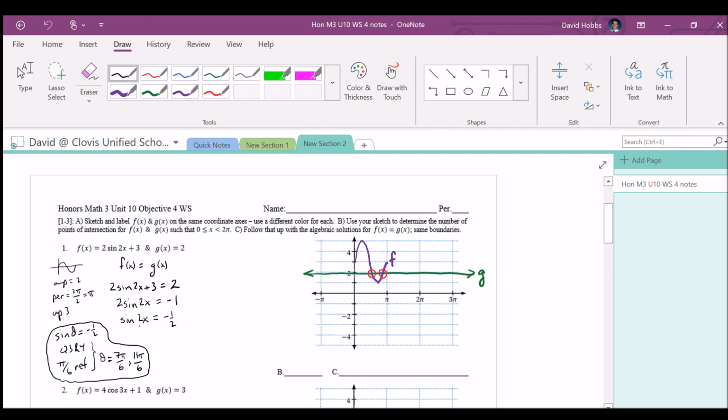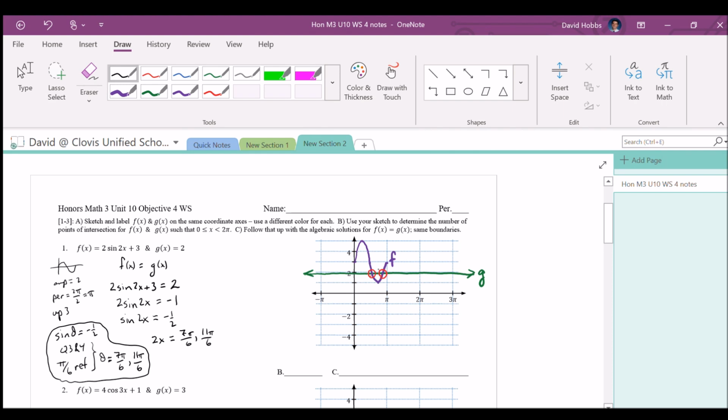Now in this case our theta is 2x. So 2x is equal to 7 pi over 6 and 11 pi over 6.